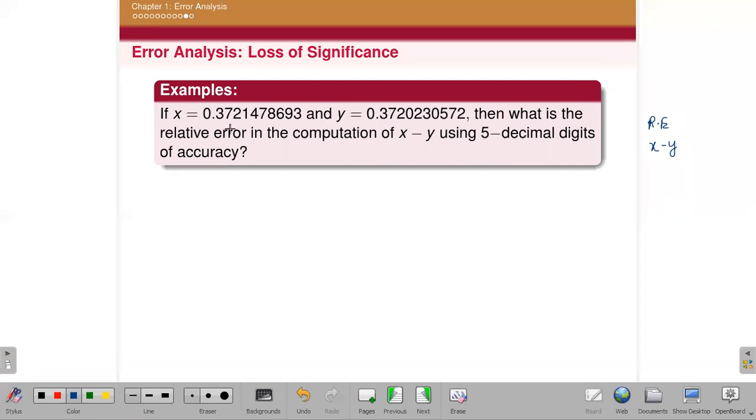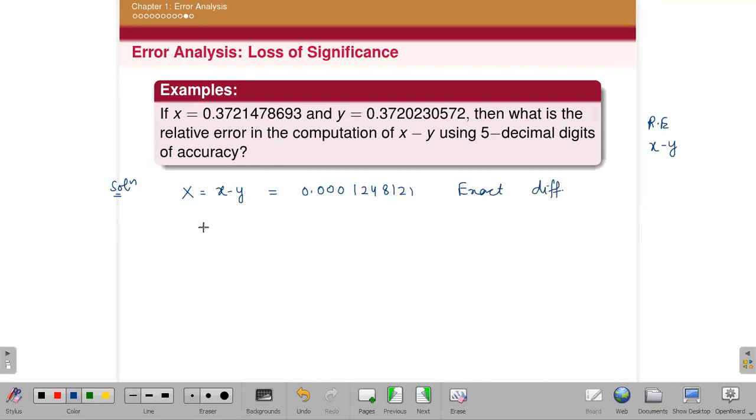Let me write x as x minus y. It is simply the difference of these two numbers, which is 0.0001248121. This is the exact difference.